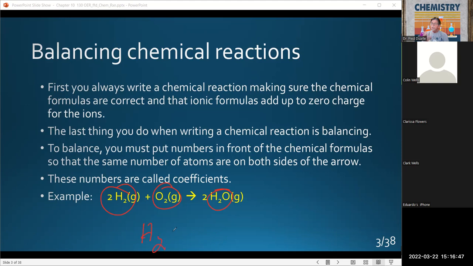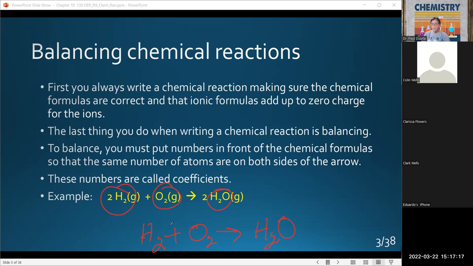In the presence of oxygen is another way of saying plus, or reacts with. Oxygen gas, which we know is diatomic, reacts to give you water. And so we will write that reaction as follows.